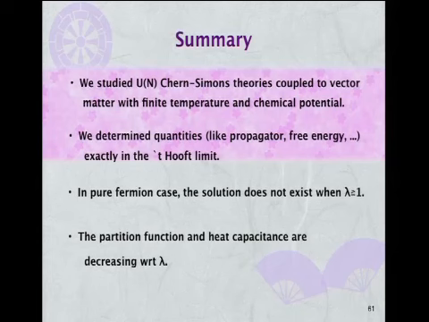We determined several quantities like the propagator and free energy exactly in the 't Hooft limit, which means the full lambda correction in the leading order of large N. In the pure fermionic case, the solution does not exist where lambda is greater than or equal to 1. The free energy and the heat capacity are decreasing with respect to lambda, and the free energy becomes 1 or the heat capacity 0 at lambda equal to 1.